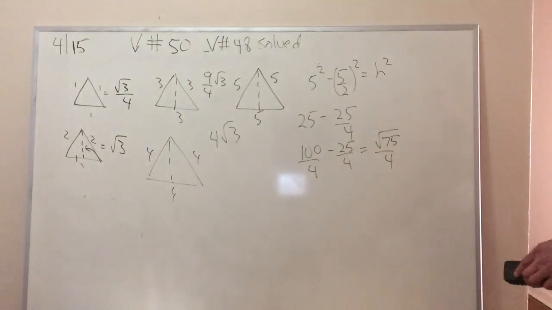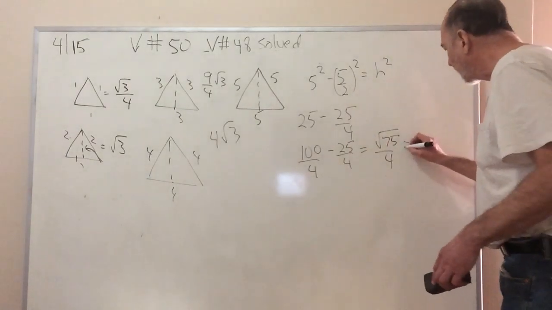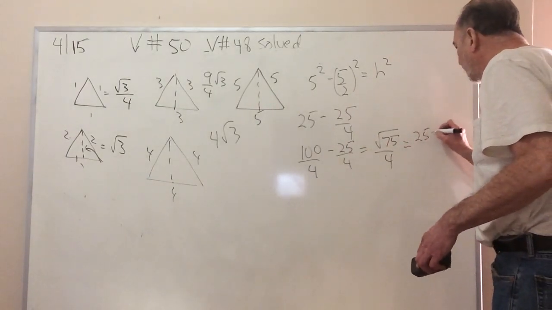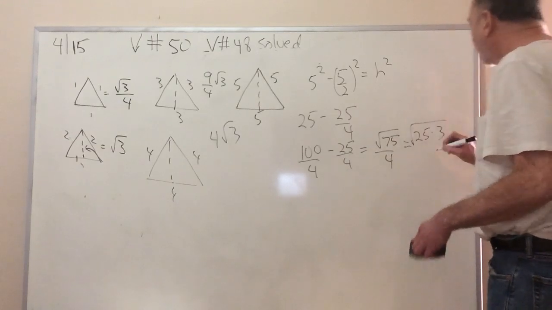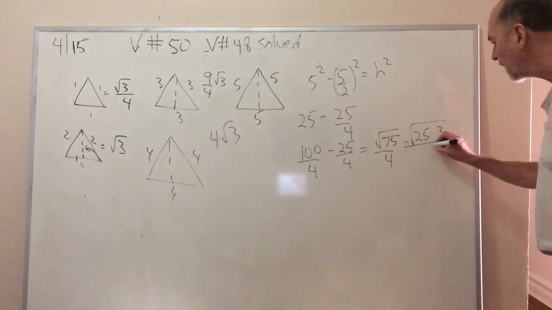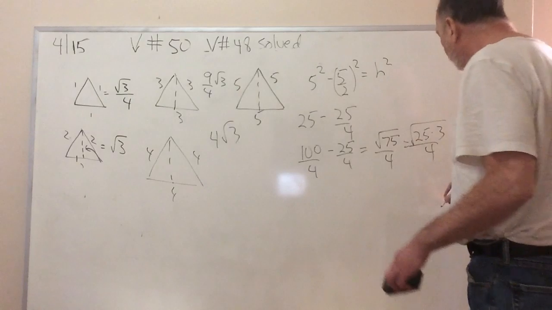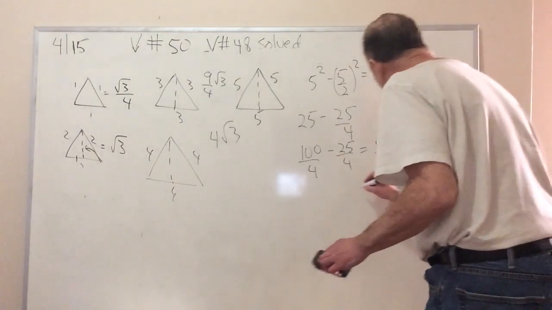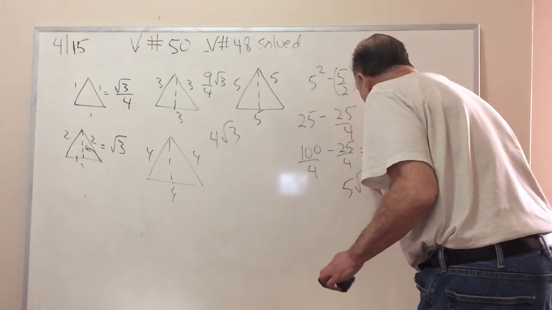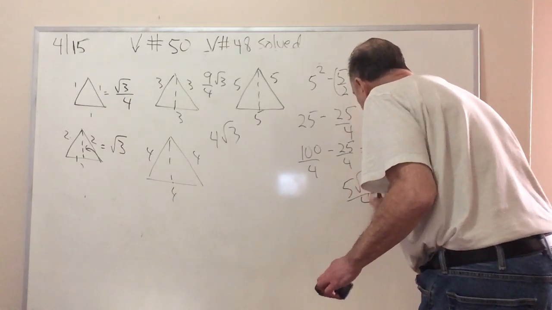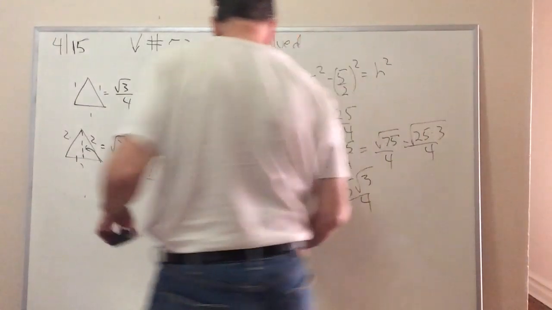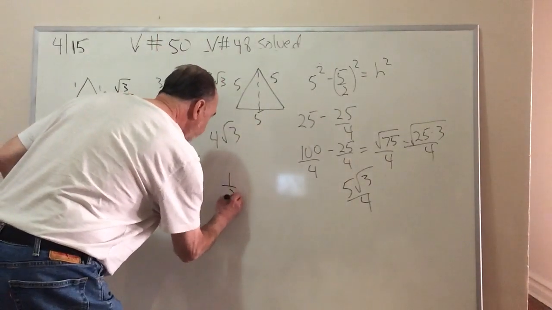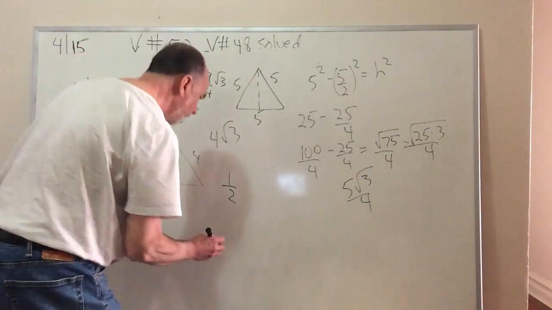Okay? And then we said that that equals radical 25 times 3, and you can put the 3 in there every time over the 4. Then this is going to equal the height. Let's not get confused now. The height is 5 radical 3 over 2, and let's multiply that out.